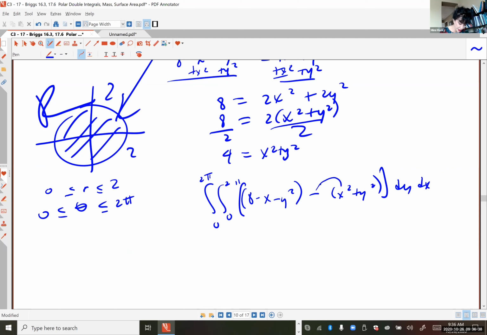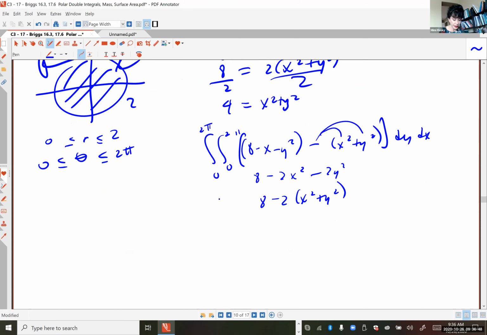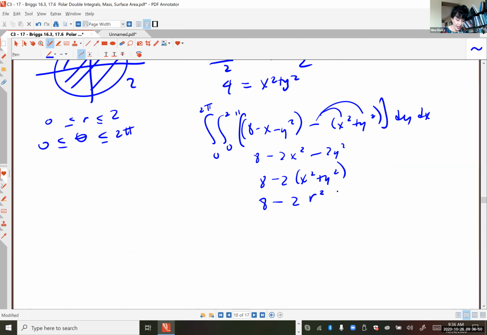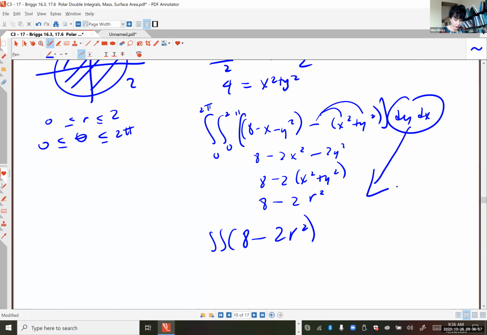If I distribute the negative and then collect like terms, I have 8 minus 2x squared minus 2y squared. And if I factor out a negative 2 from the x squared and y squared guys, then I hope you can see that I have 8 minus 2r squared is my integrand. But hold on a minute. What about r? Be a pirate.